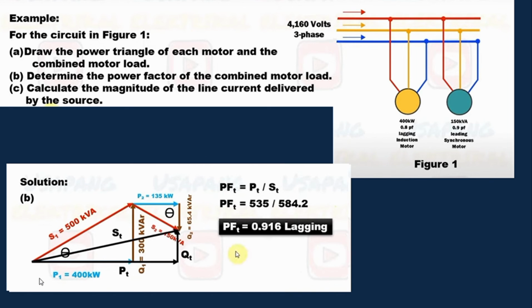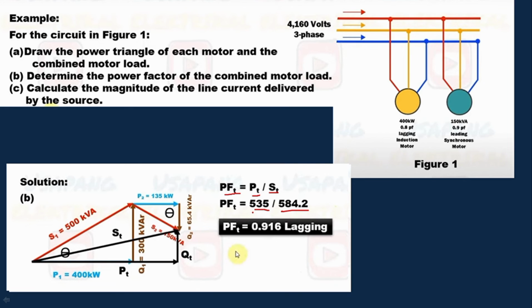Next is the total power factor. Total power factor is equal to total P divided by total S. The total P we got earlier is 535, and the total S is 584.2.